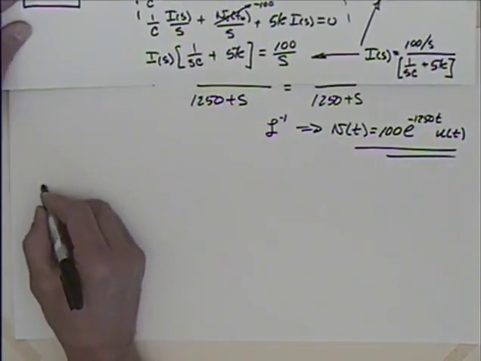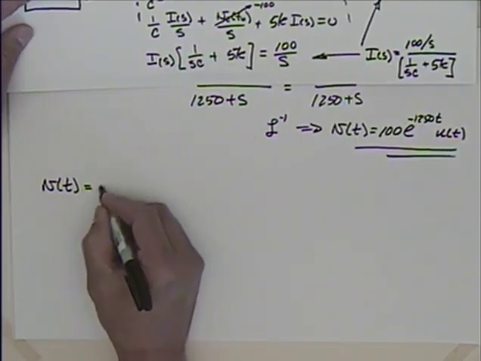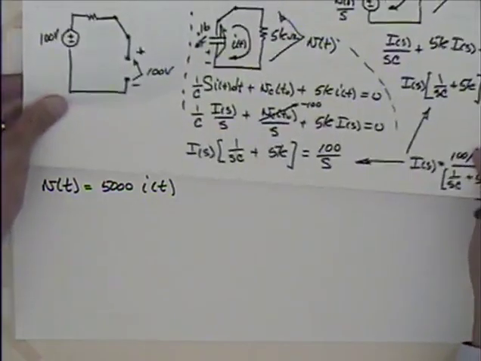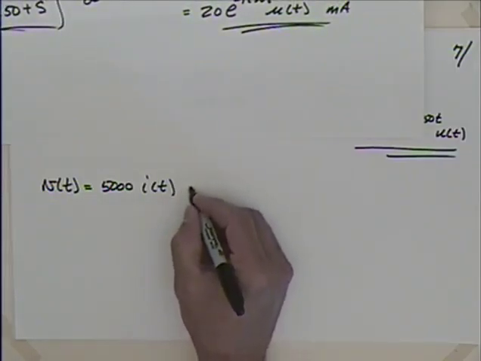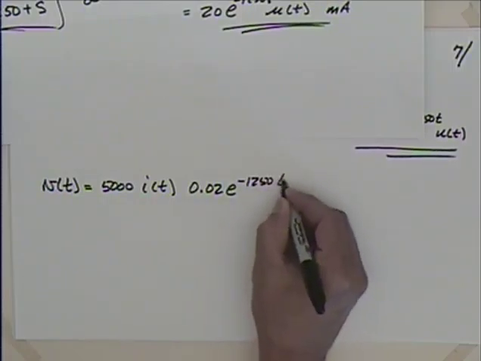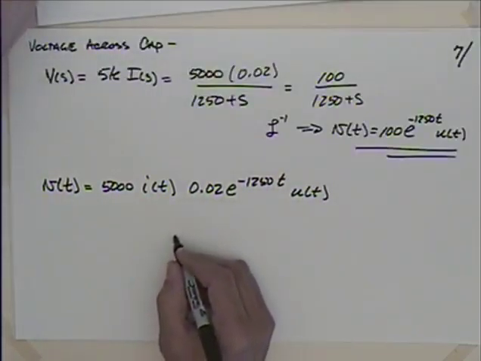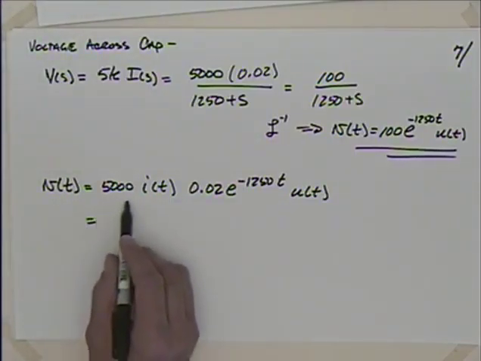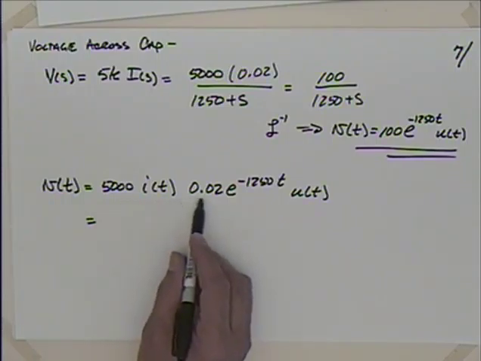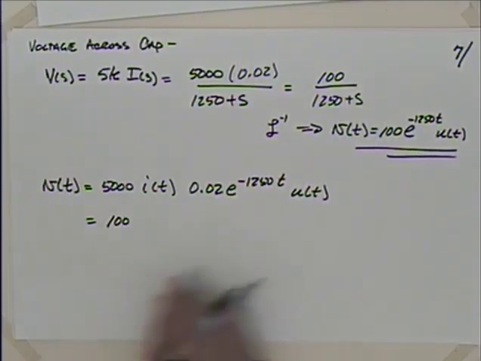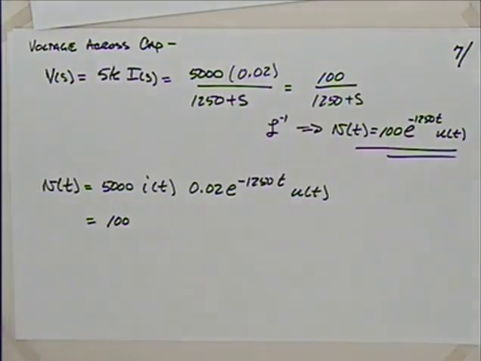So v of t would be equal to 5,000, that's 5k, times i of t. Do I have a value for i of t? I think so. I want to use consistent units, so I'll use 0.02 e to the minus 1250 t u of t. So what's that turn out to be equal to? Let's see, 5,000 times 0.02. Yeah, should be 100, I think. I'll double check that. I'm pretty sure that is.